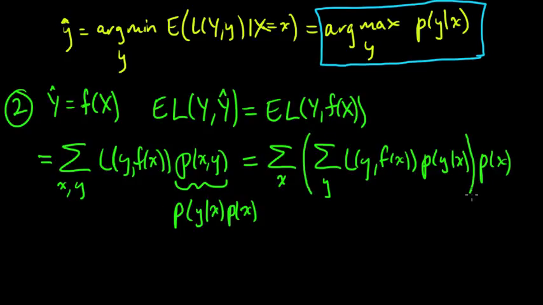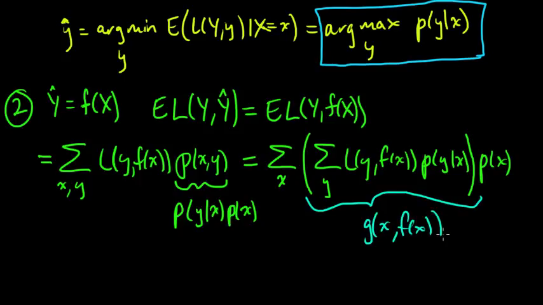Let's now think about this inner sum. We just pulled out the p of x. What's going on here? This is a function of x. It doesn't depend on y because we're summing over y. So let's give that a name. Let's call it g of x and f of x, so it takes two values.